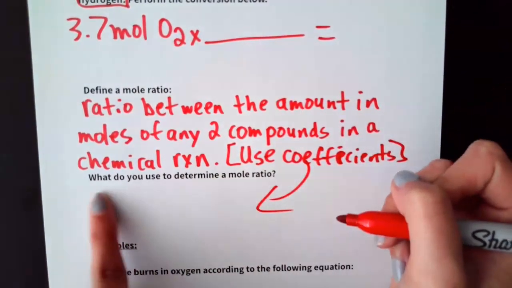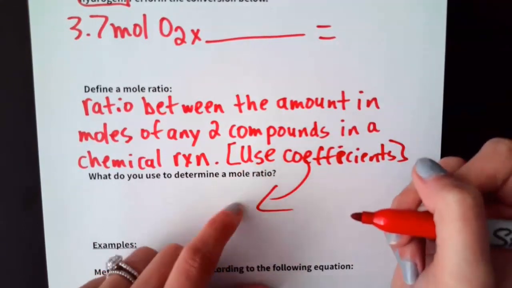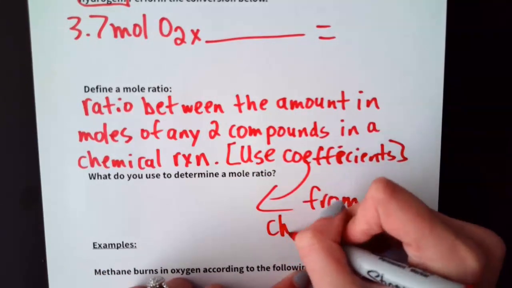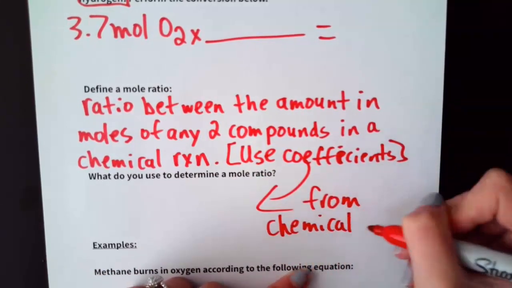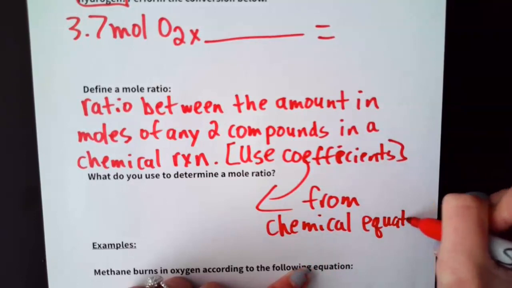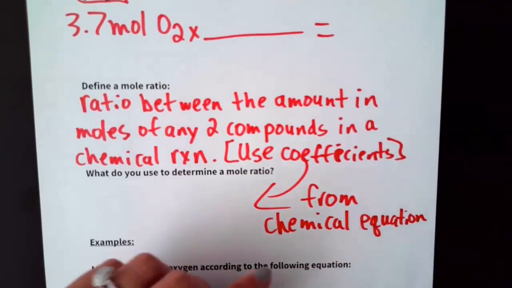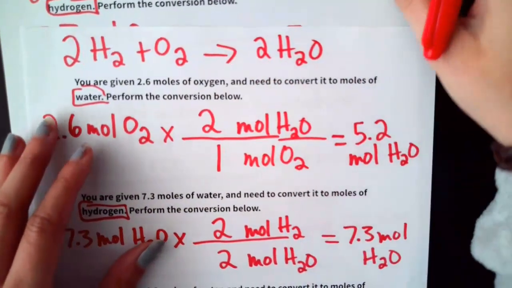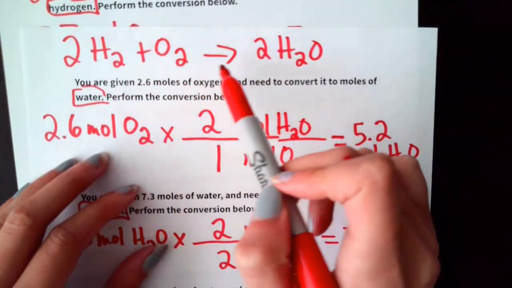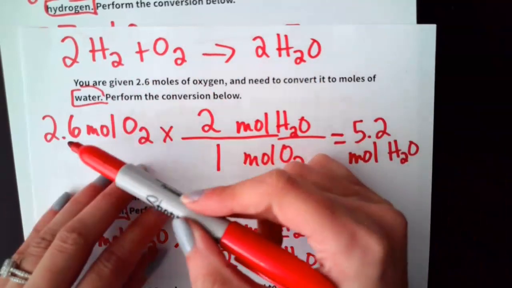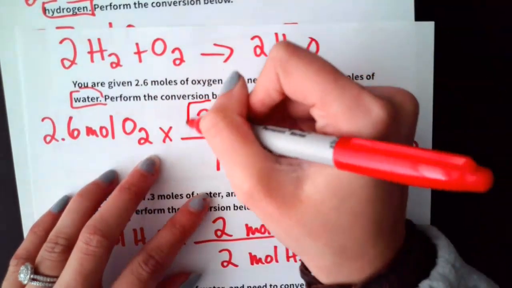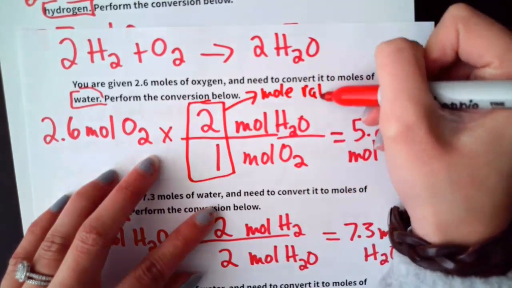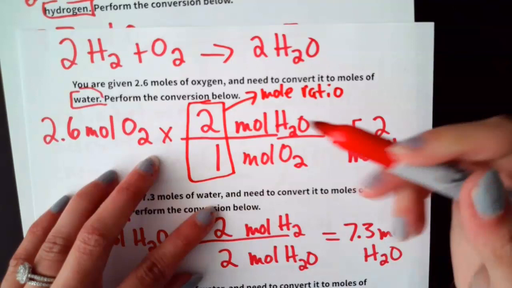So what do you use to determine a mole ratio? Use coefficients from your chemical equation. So what we just did here, where we looked up here, for example, and we had our 2H2 plus O2 gives us 2H2O, this right here is our mole ratio, where we have our coefficient.